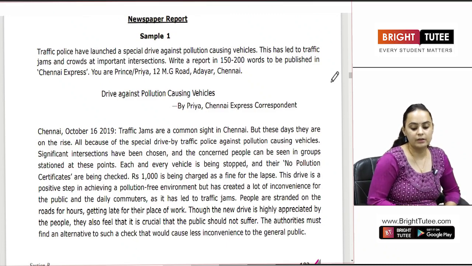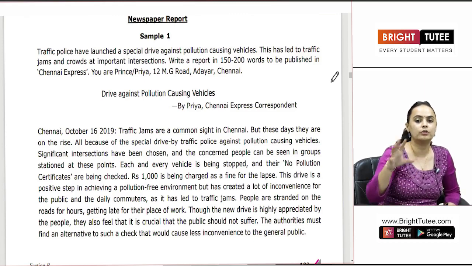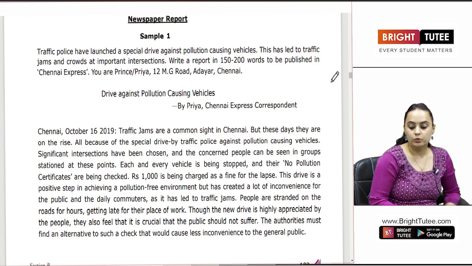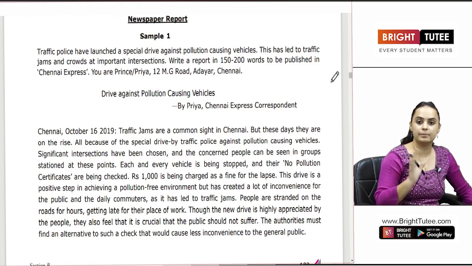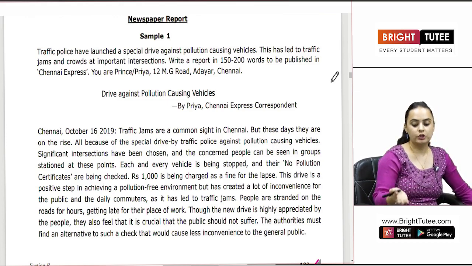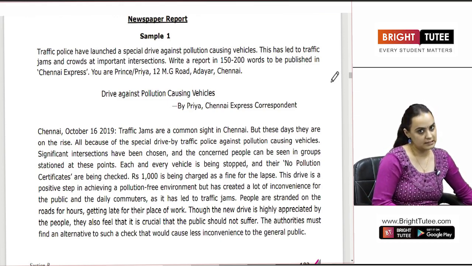So, the traffic police has launched a special drive against the pollution causing vehicles. Now, this has led to a lot of traffic jams and a lot of crowd at the important intersections. You have to write a report in 150 to 200 words that is to be published in the newspaper Chennai Express. Your name and your address is given.